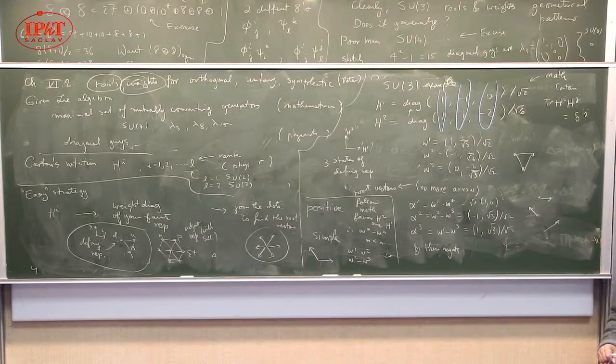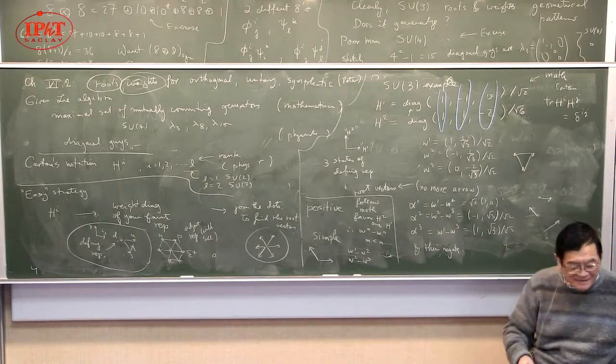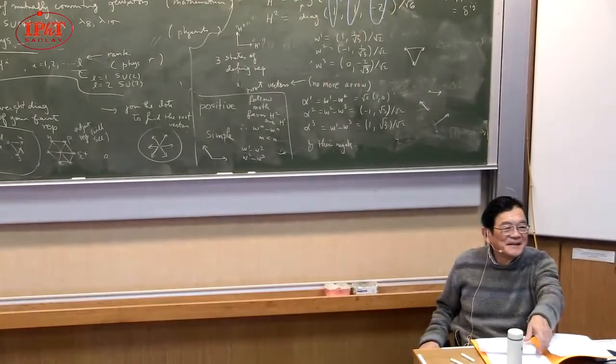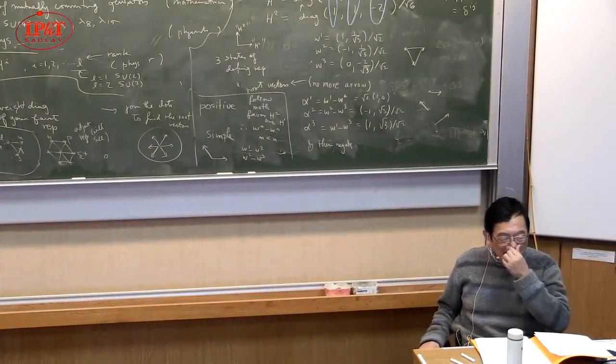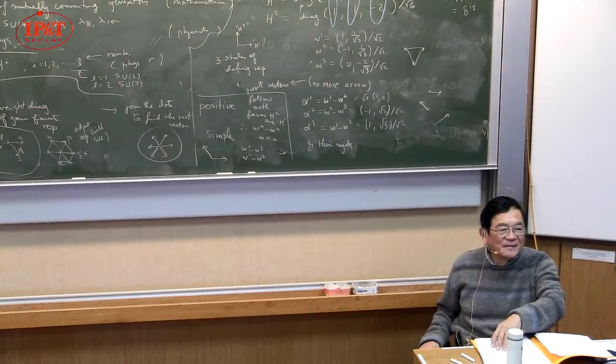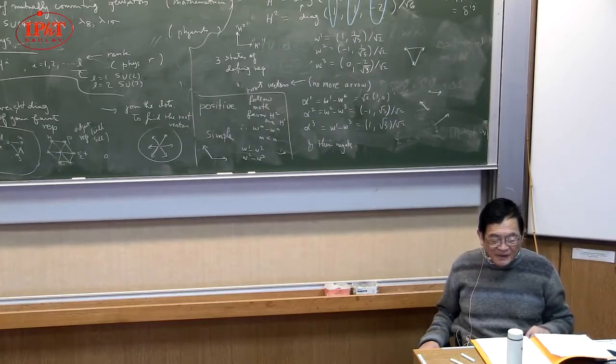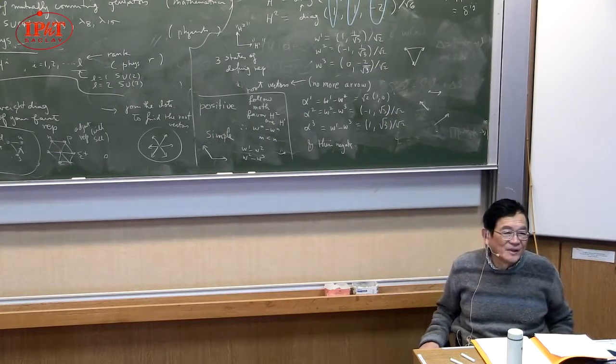Yes, Kiron. You consider that the Cartan matrices are given. Do you have to find them? How do you find them? That's a good question. I think a physicist would just write down all the diagonal ones.